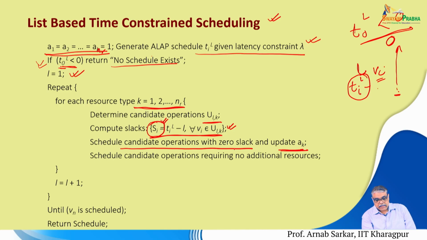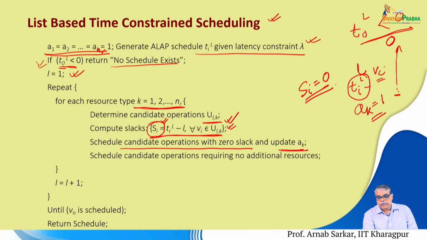It could be that you have started with AK equal to 1, and now you find at a given time step that you have 3 operations in ULK having Si equal to 0. You must schedule all these 3 operations in the current time step, otherwise you will definitely miss a deadline. How can you do that?